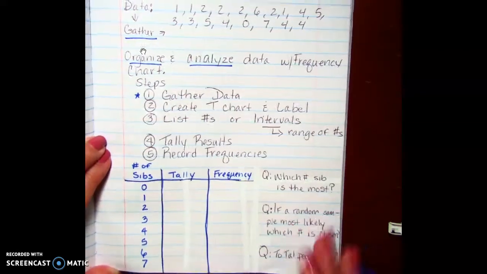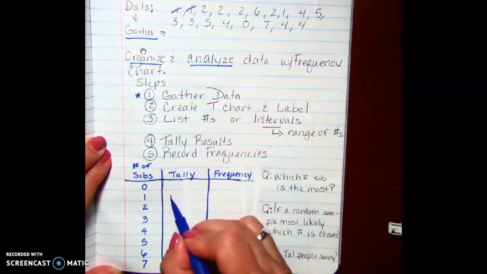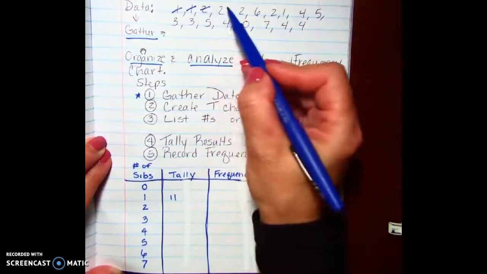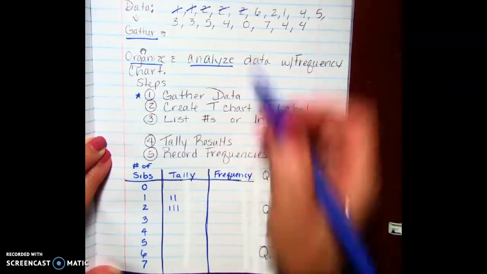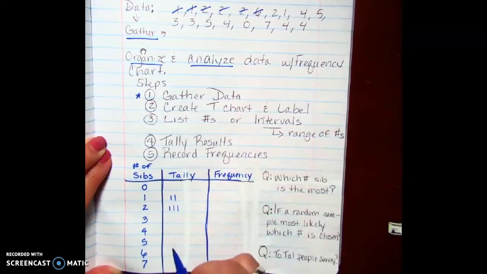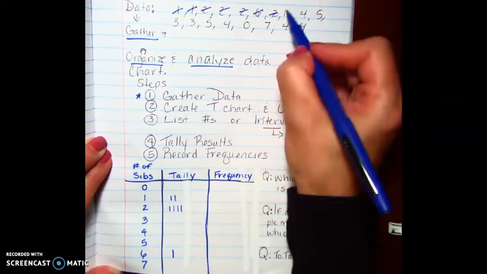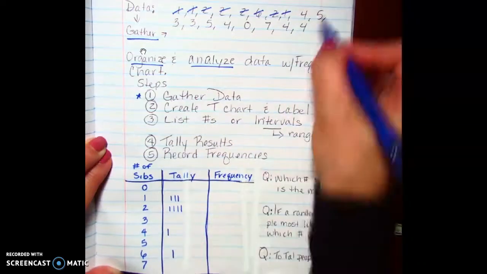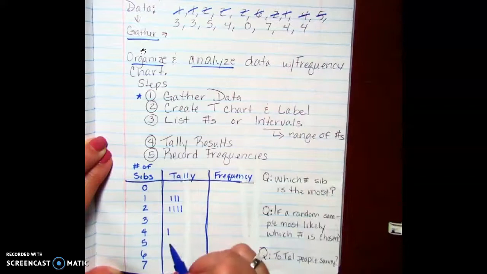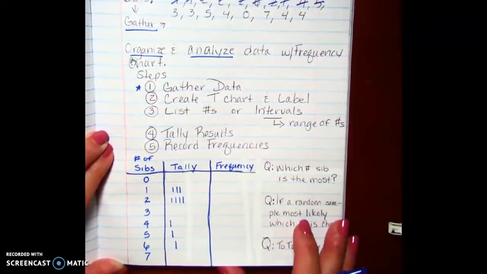Now I'm going to start to count, and I'm going to tally. 1, 2, 1, 2. 1, 2, 3. 3 twos. 1, 2, 3. A 6, another 2, another 1, a 4, a 5. If you notice, I mark them off as I go because I don't want to count them a second time.